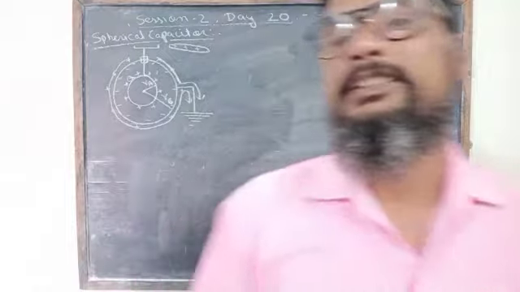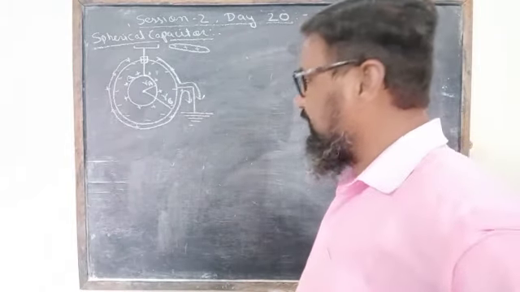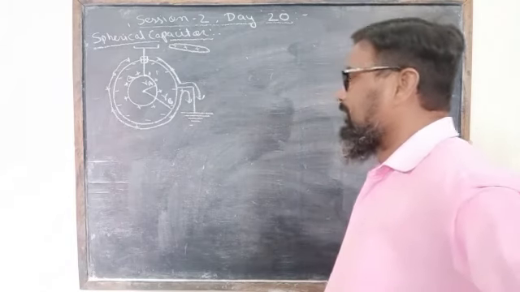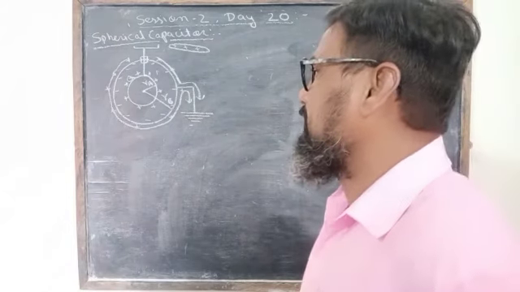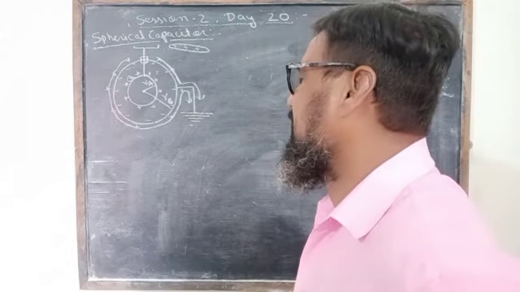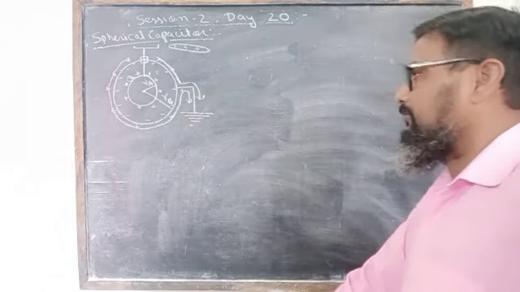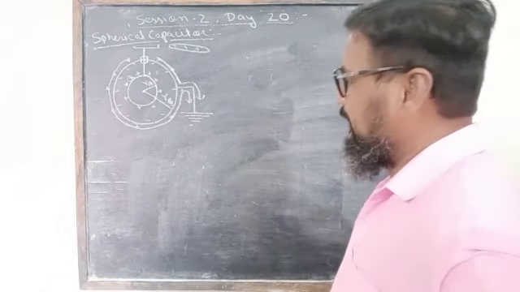Again, I am telling you, there are two concentric hollow spheres adjusted and a plate is provided to the capacitor also, which is connected to the inner sphere and crosses the outer sphere untouched. And now we provide plus Q charge to the inner sphere.